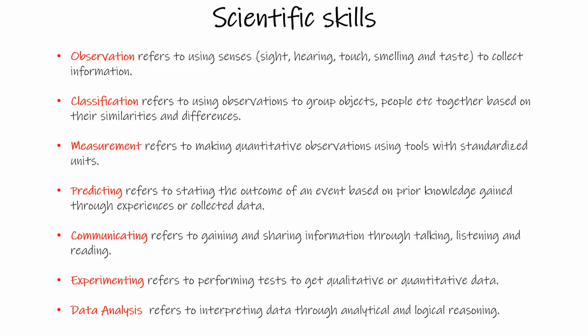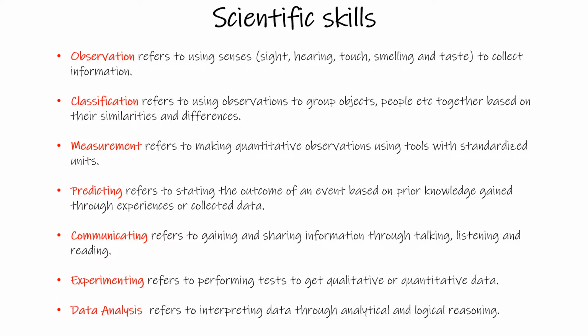Measurement is an example of a quantitative observation where you use tools with standardized units. Quantitative refers to numerical observations, and an example of measurement would be if you measure the amount of time that it would take to drive from Okahanja to Windhoek.